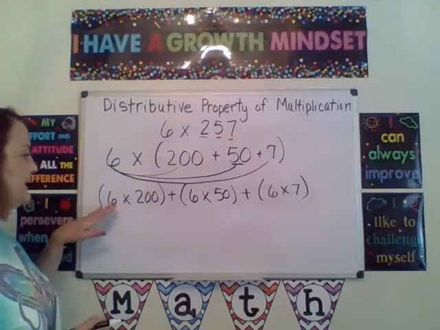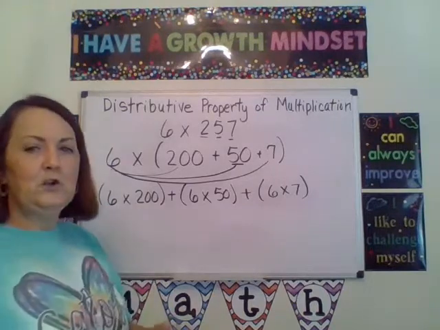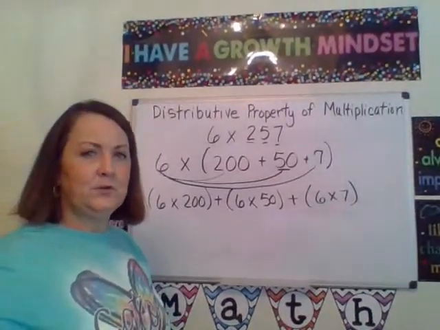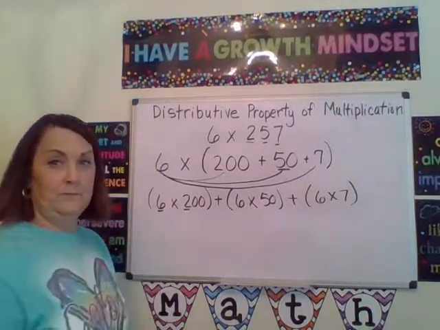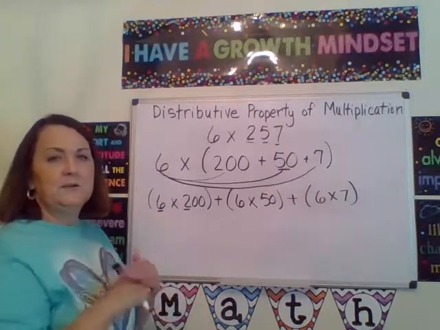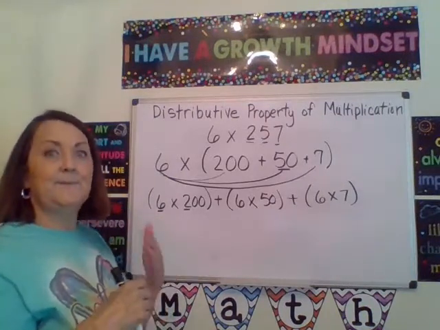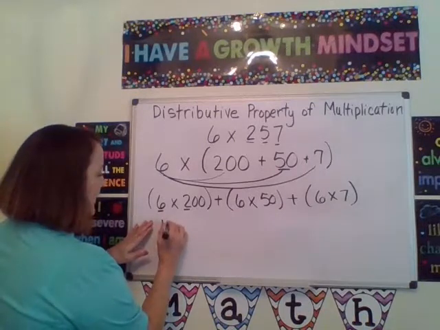Now we're going to multiply 6 times 200. So when you multiply 6 times 200, think of, well, what is 6 times 2? And remember, when we multiply by 2, we double the other factor. So double 6, or 2 times 6, or 6 times 2 is 12. So I'm going to write 12.